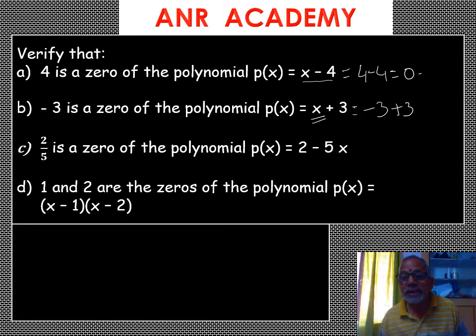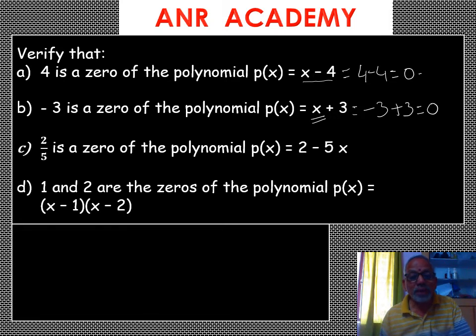Minus and plus cancel. This becomes 0. So p of x has become 0. That means it is very clear: minus 3 is a zero of the polynomial p of x is equal to x plus 3. Now let us go to the next sum.